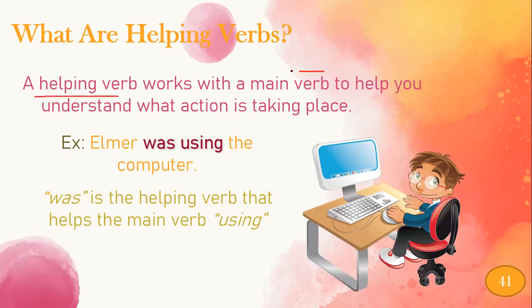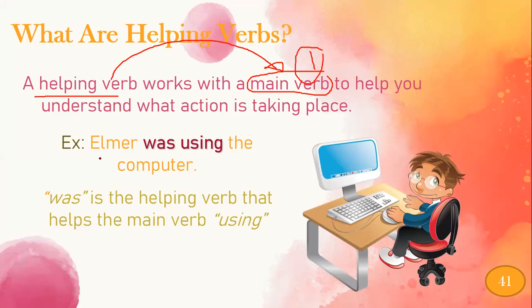It needs a main verb, and it helps the reader understand the action that's taking place. The main verb is necessary; we cannot remove it. But the helping verb, in some cases you can remove it and change the tense of the verb.